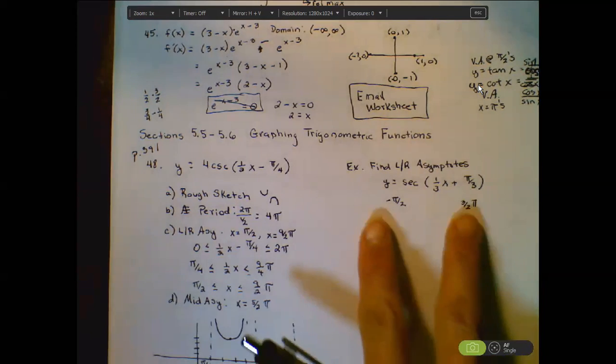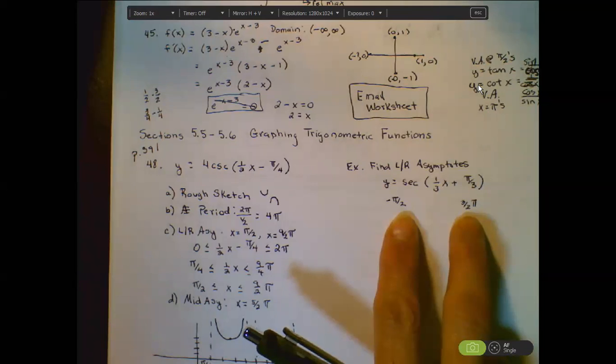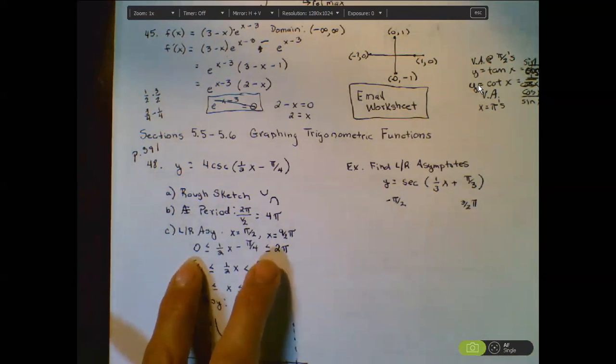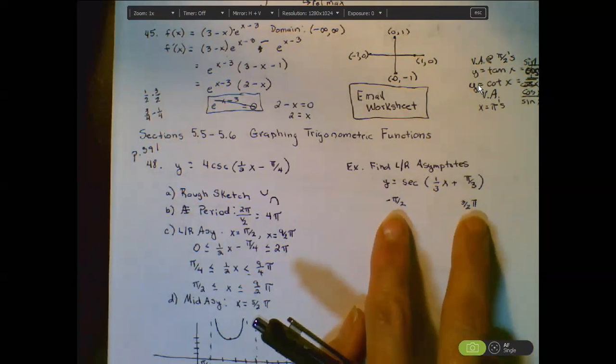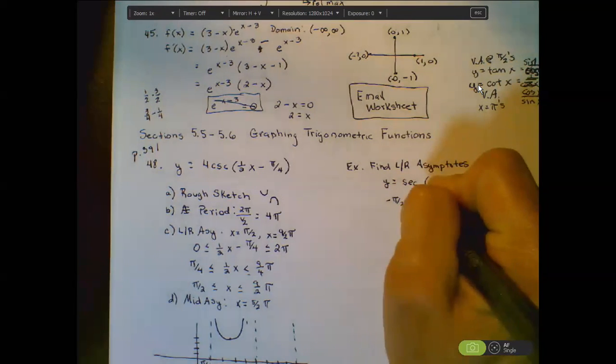That's still a period of 2 pi units, but your vertical asymptotes for secant are at the half pi's, where the vertical asymptotes for cosecant are at the whole pi's. Tell me yes or no, you know where those two numbers come from. Yes. Okay, so that's what I need to set this argument between.